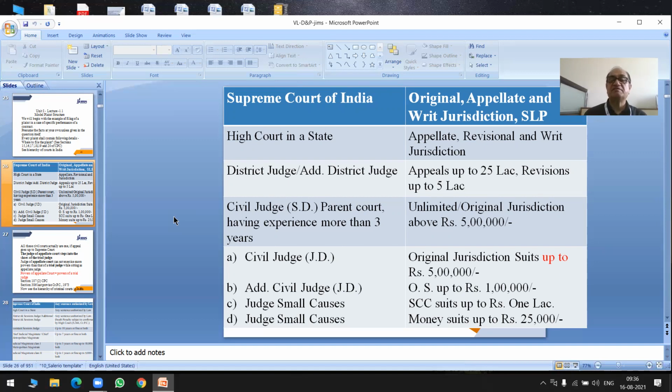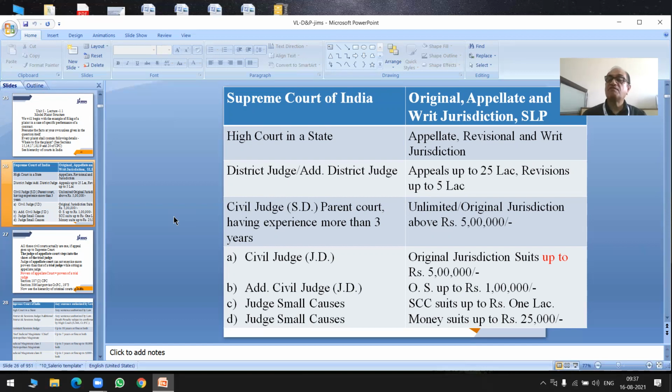Then we have additional civil judges. They have the power to hear original suits up to rupees 1 lakh. Certain civil judges are given powers of judge small causes. They are known as JSCC, Judge Small Causes Court, under Small Causes Courts Act 1887. Like a case of rent and ejectment is to be filed in the court of Judge Small Causes.